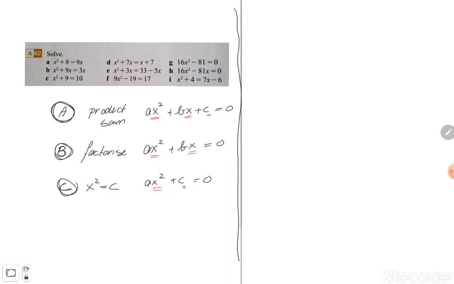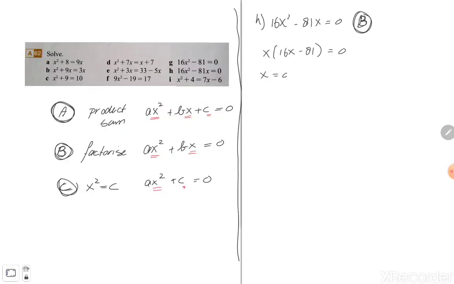Then exercise H, 16x squared minus 81x is equal to 0. Then we're going to use theory B. So we're going to factorize. We will take the x outside the bracket, then you get x times 16x minus 81 is equal to 0.